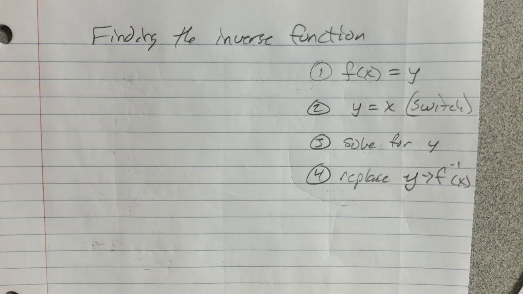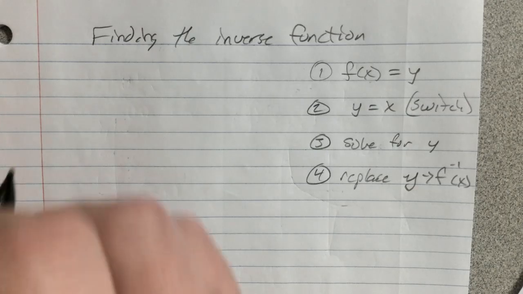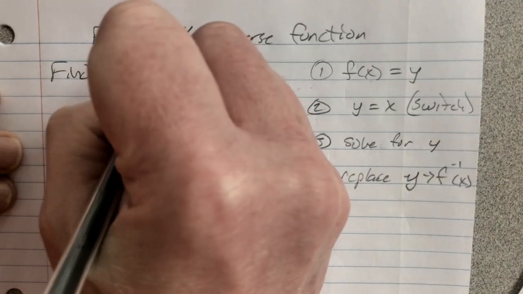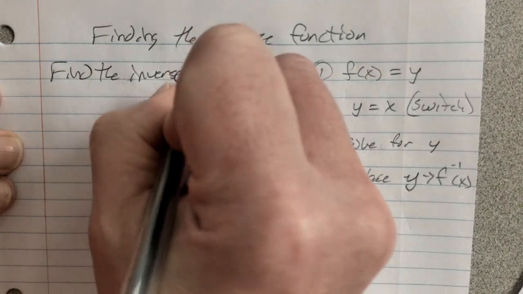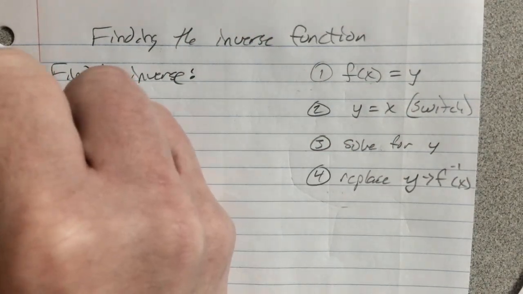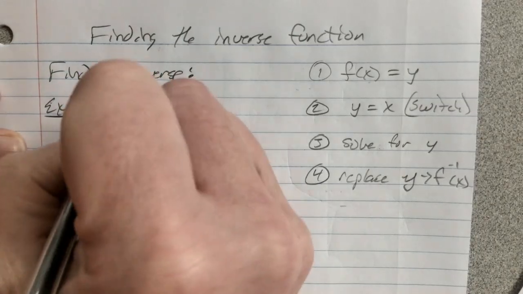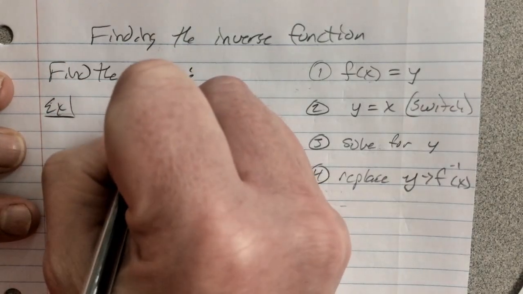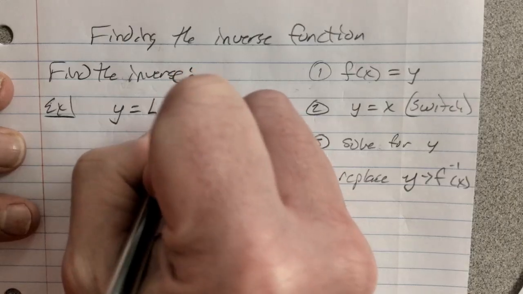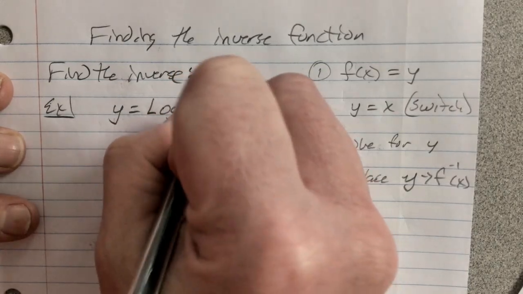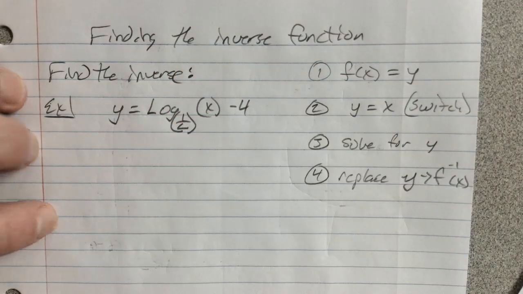So, we got some work to do. Alright, so find the inverse. First example, we're going to go with that last problem. y equals log base 1/2 of x minus 4.